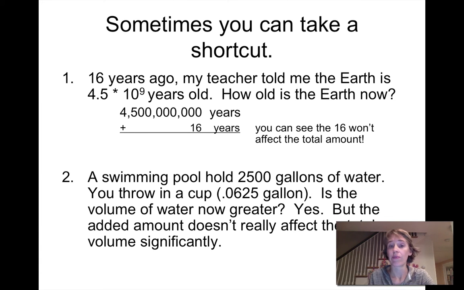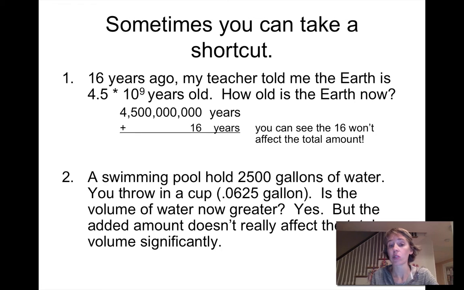Sometimes the values are so far different that you can take a shortcut. For example, I might have learned 16 years ago that the Earth is 4.5 billion years old. Does that mean that the Earth is 4,500,000,000 and 16 years old? Well, sure, it's older than it was 16 years ago, but we don't want to say that because that implies that we really know the age of the Earth to the year.